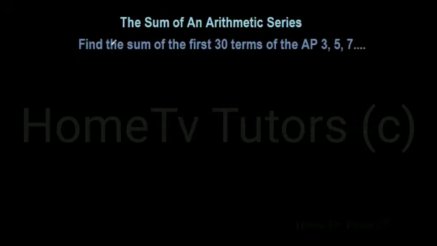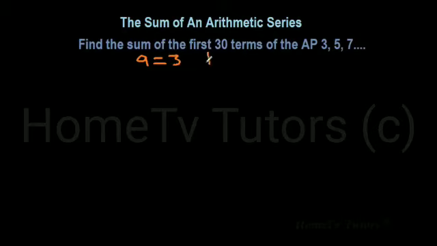So now let us take a look at this example. Find the sum of the first 30 terms of the AP 3, 5, 7. As given in the series, the first term is 3.